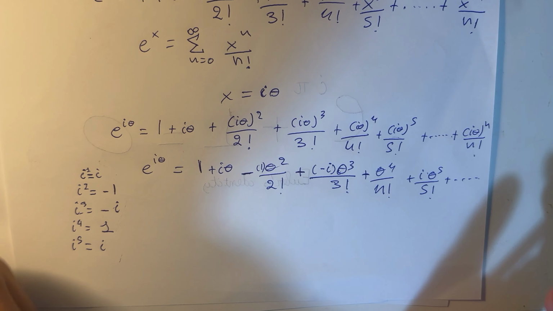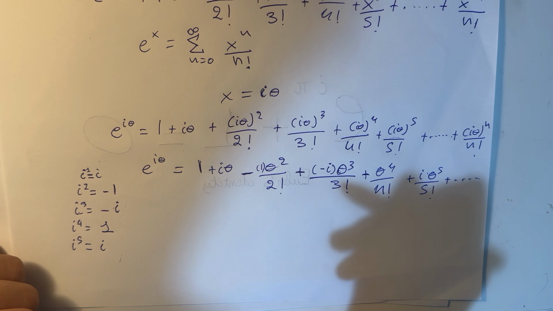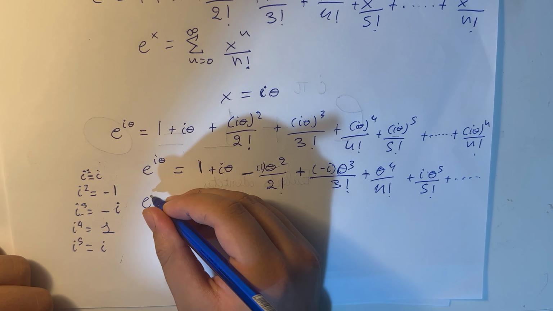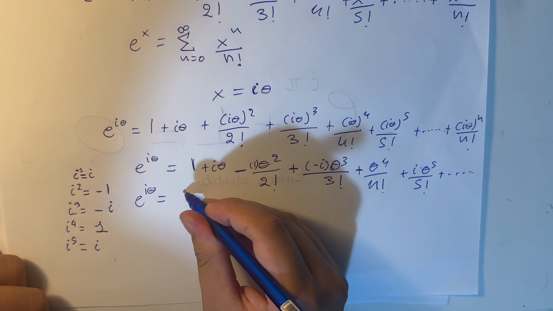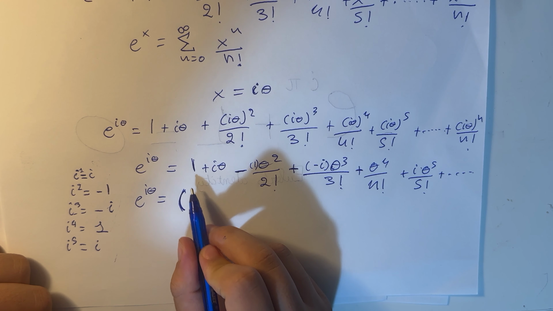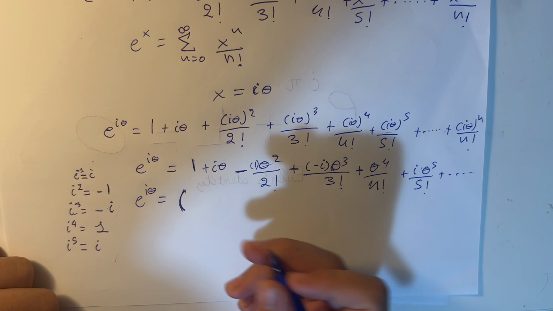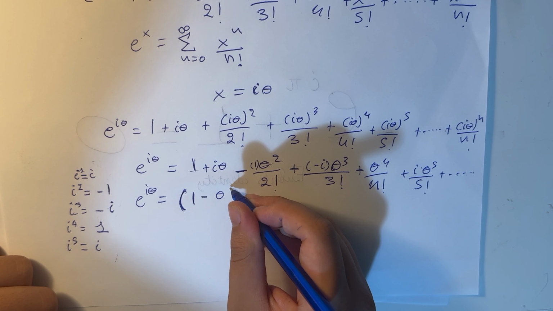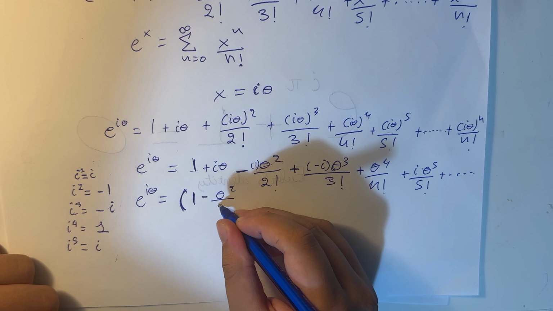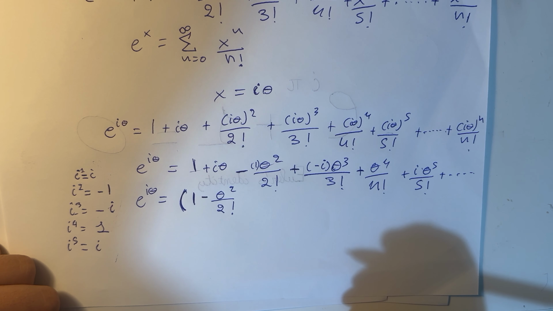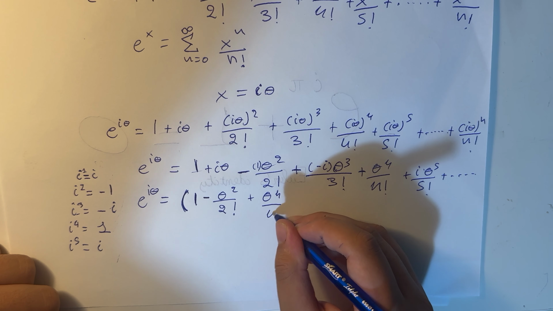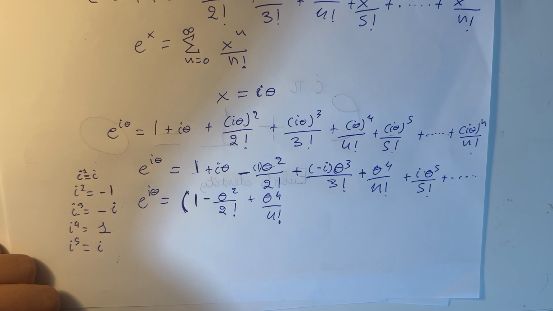So now in order to be able to derive Euler's identity, I'm going to separate all the terms with i from the terms with theta only. So let's go ahead and do that. So e to the i theta is equal to, first let's put the terms with theta only, or anything that doesn't have i. So we have 1 first, then we have minus theta squared over 2 factorial, then we have plus theta to the 4th over 4 factorial, and that's all I have here.